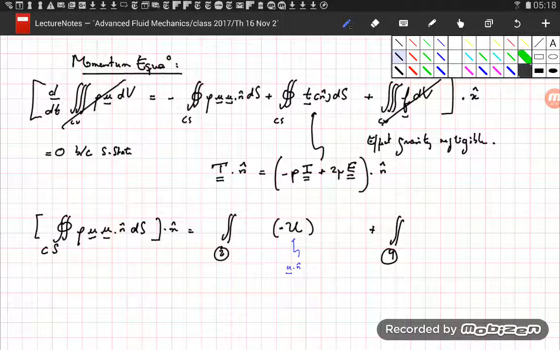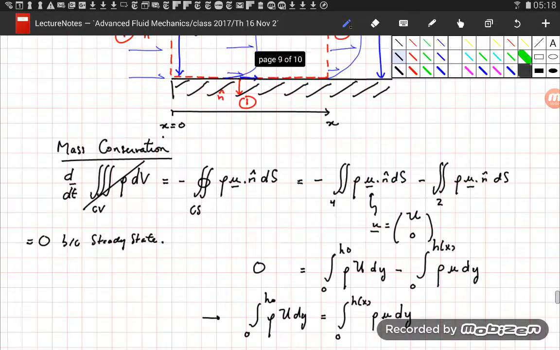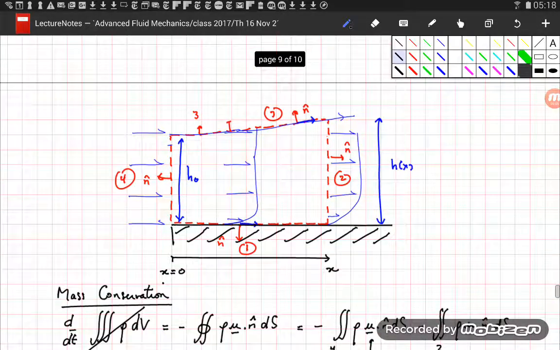And then we have the vector u, but this vector u we project on x, and u projected on x is capital U. So we have in the end rho capital U times ds. So this is really the integral from 0 to h naught of rho capital U squared dy. Now for 4, so remember always to be careful with the signs.